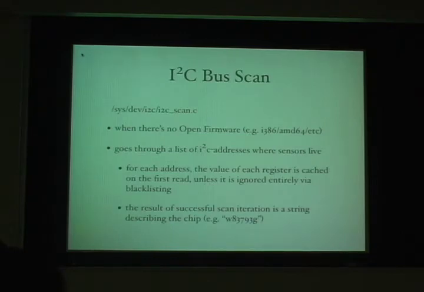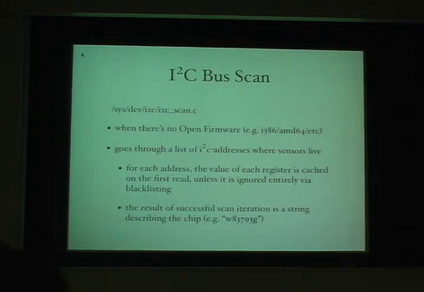On those architectures where there is no Open Firmware, for example on i386 and amd64, we have code in sysdev i2c_scan.c, which goes through a list of I2C addresses where devices may live on the system. For each address, it scans the value of each register, and it caches the first read of that register.